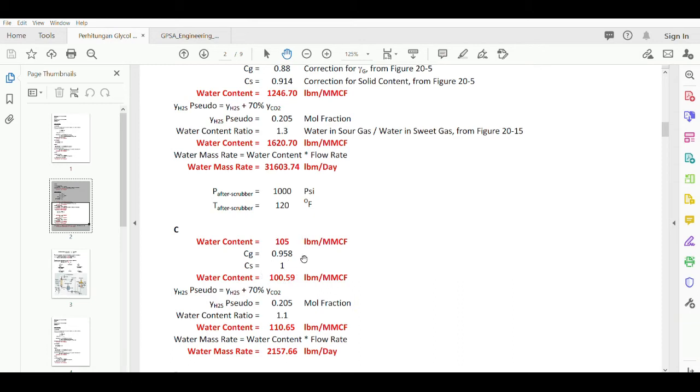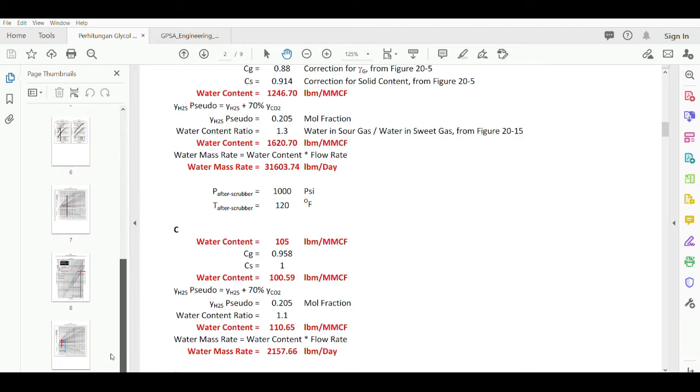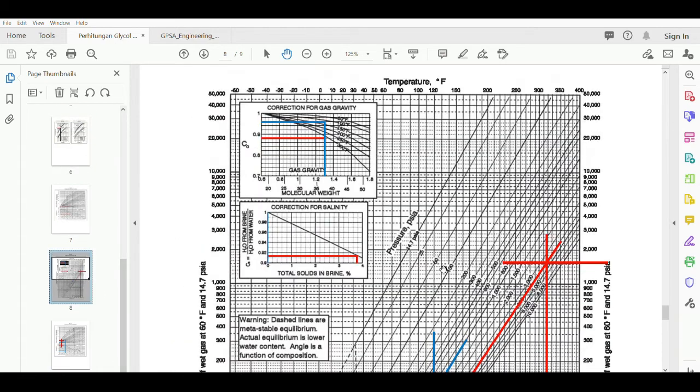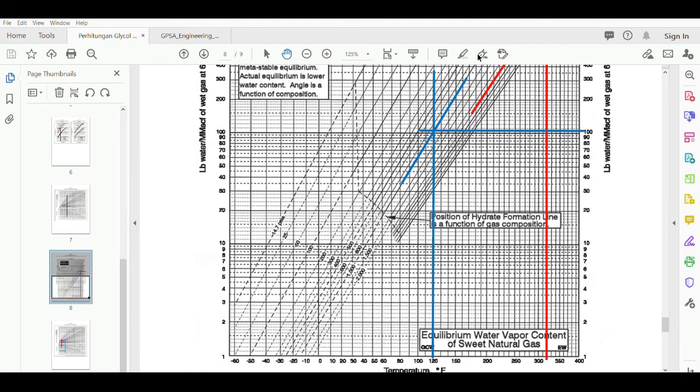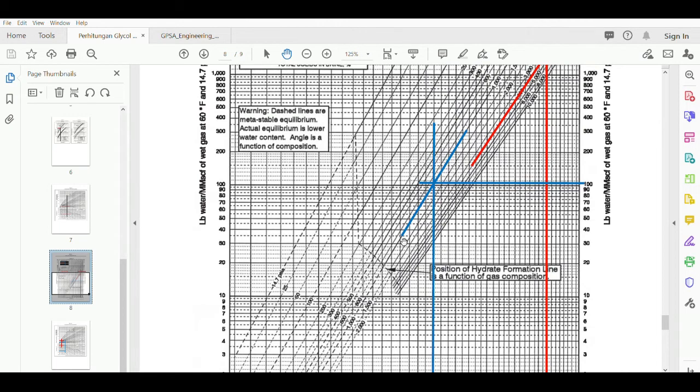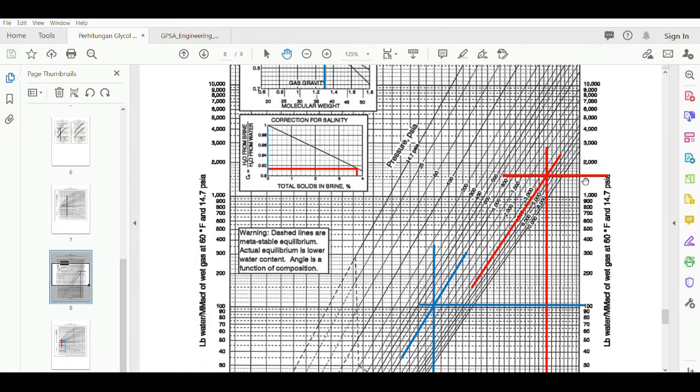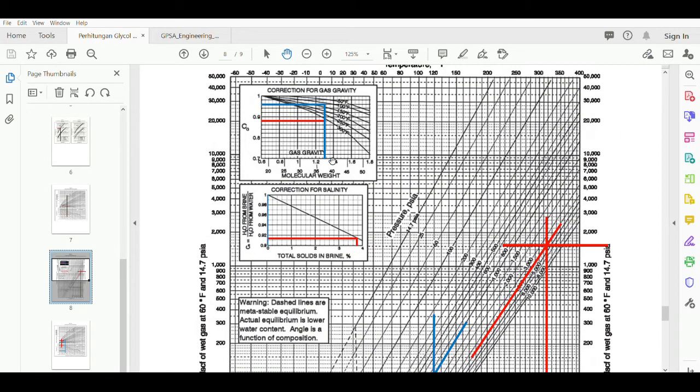Let's go to figure 25, because we use figure 25 also. Figure 25 in slide number 8. Okay, you see that 120, and then the 1000 psi for this line, and we end up with 105 pound mass per million cubic feet.